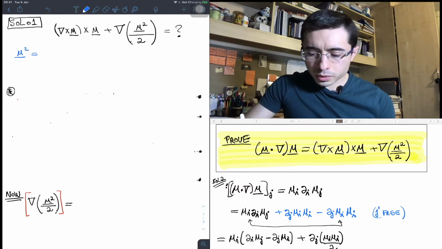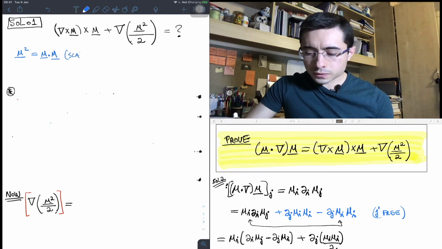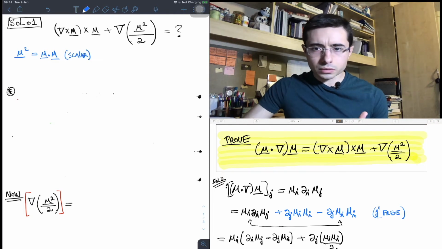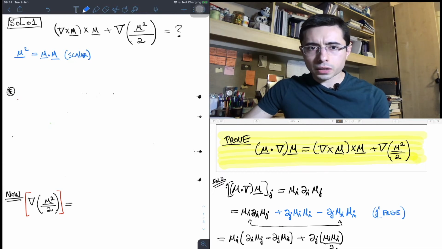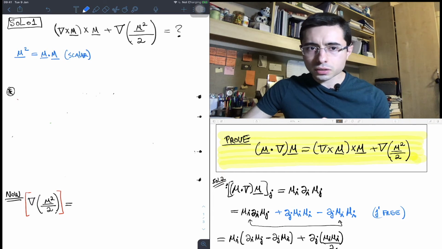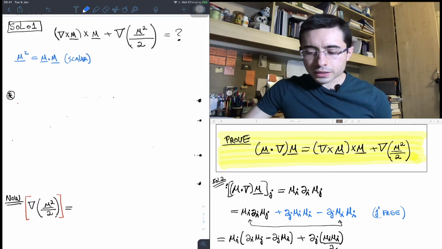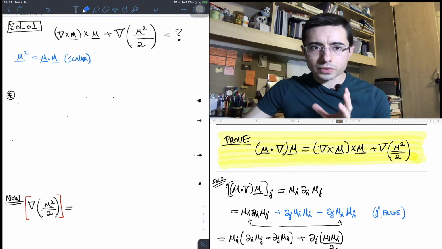That needs to be understood as a scalar product of u with u, and therefore that's a scalar quantity, not a vector. Of course, it has to be a scalar because we are taking the gradient, and the thing inside the gradient has to be a scalar function, not a vector. So this u square is a scalar.